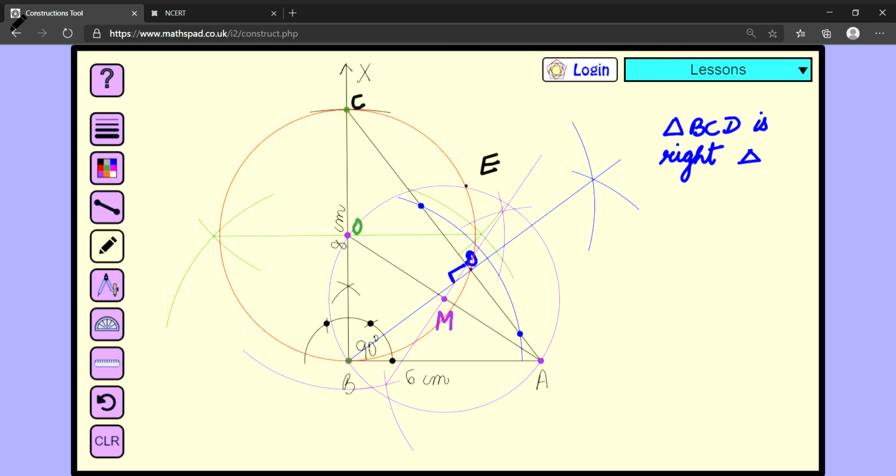And if you see from A, the tangent to the orange circle is already there at point B. So AB is the tangent to the orange circle, one tangent, and the other tangent will be AE.